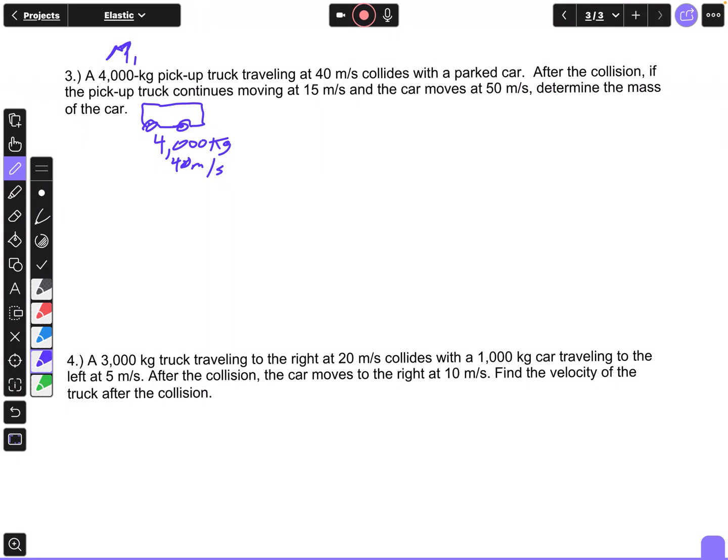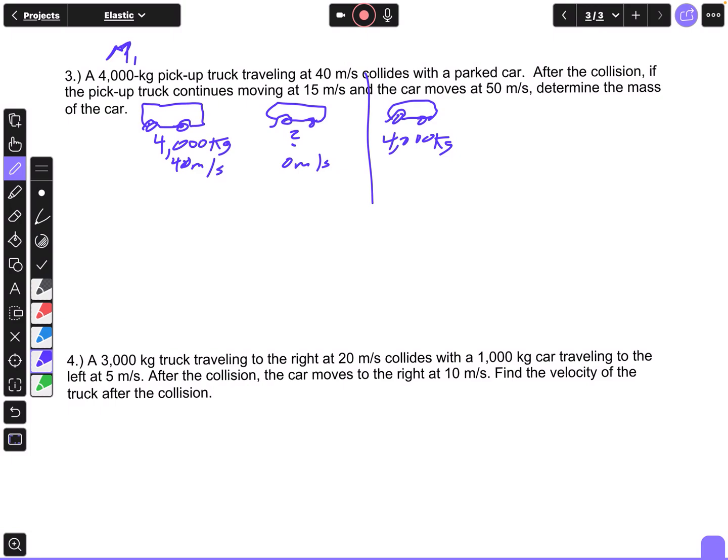And it collides with a parked car. Now, I don't know what this car is. This parked car, I don't know what its mass is. So that's my question mark, and it's parked, so it has an initial velocity of 0 meters per second. That's before the collision. After the collision, this still is a 4,000 kilogram first object.